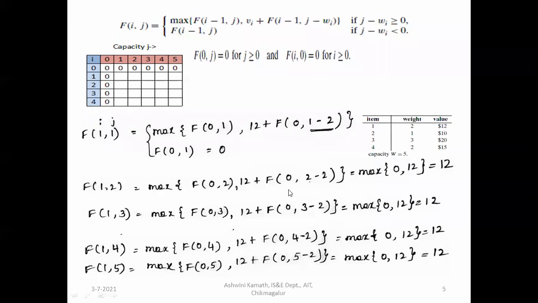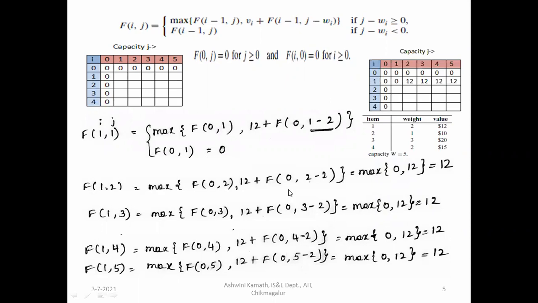What is 4 minus 2? It is 2. f of 0 2 is 0. So 12 plus 0 is 12. Maximum of 0 comma 12 is 12. Similarly for f of 1 comma 5, we are getting the value 12. So this is the first row: 0th row is 0, 0th column is 0, and in the first row we have got 0, 12, 12, 12 and 12.